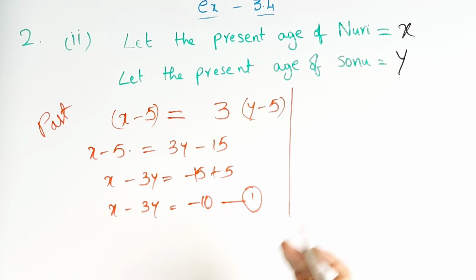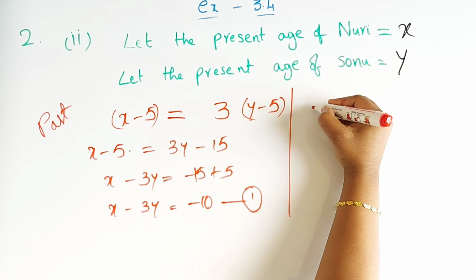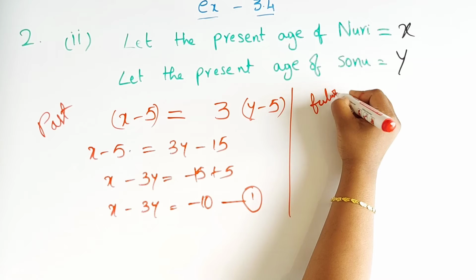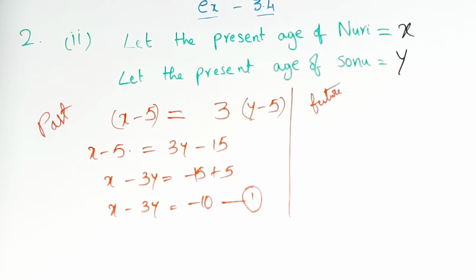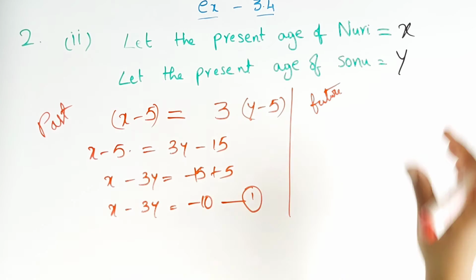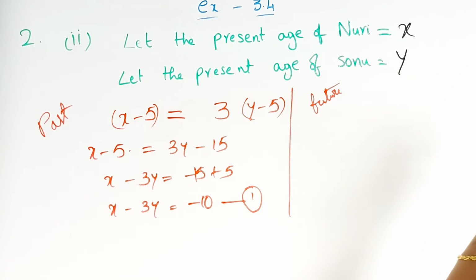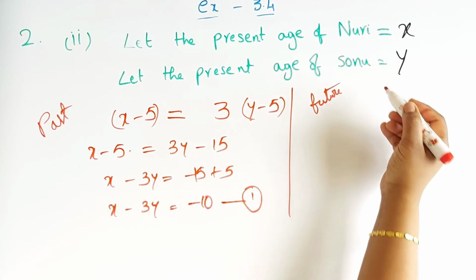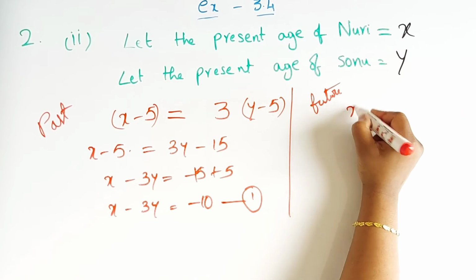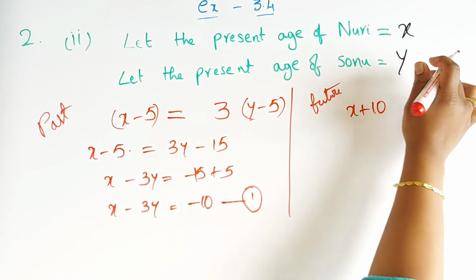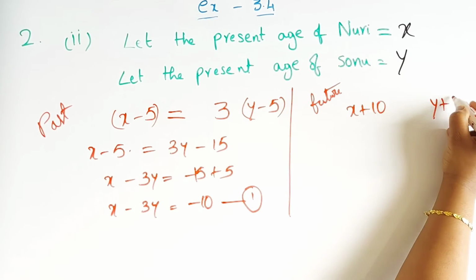Now what is the next condition children? Noori will be twice as old as Sonu when 10 years later. That means future. 10 years later means from the present age we have to add. Right children? So Noori's age is x plus 10 here and Sonu's age also y plus 10.